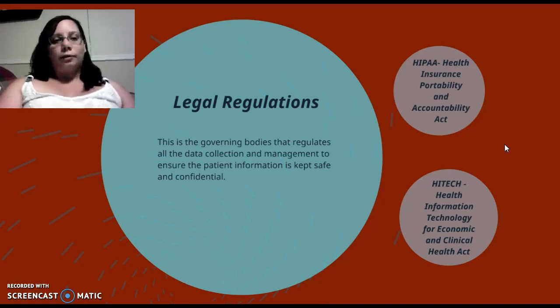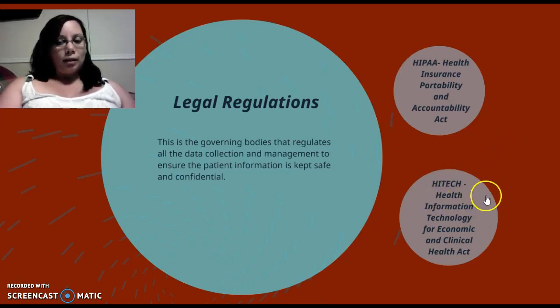There's a lot of people who are very wary of the electronics these days and of having their medical records online and all that kind of stuff, because you never know if hackers are going to be trying to get into their systems and their information.